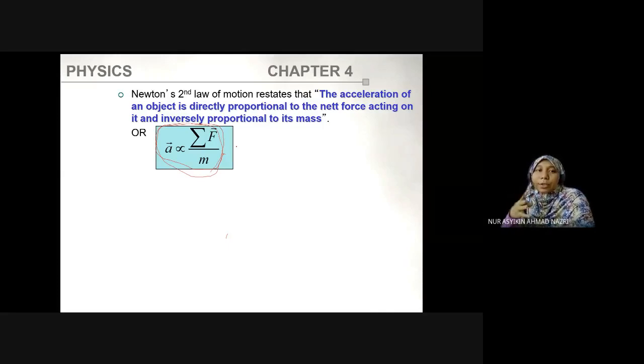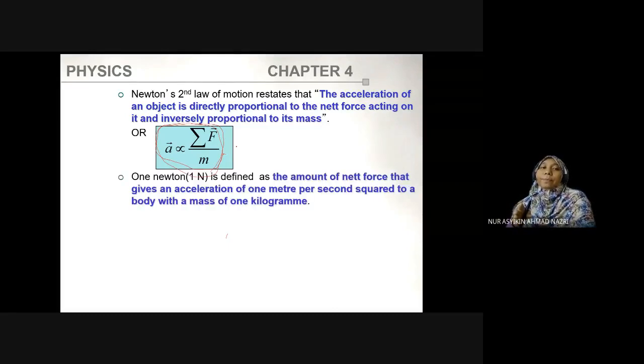So the acceleration of an object is directly proportional to the net force acting on it and inversely proportional to its mass. Okay. So 1 Newton. Dulu pernah juga keluar soalan 1 Newton ni.